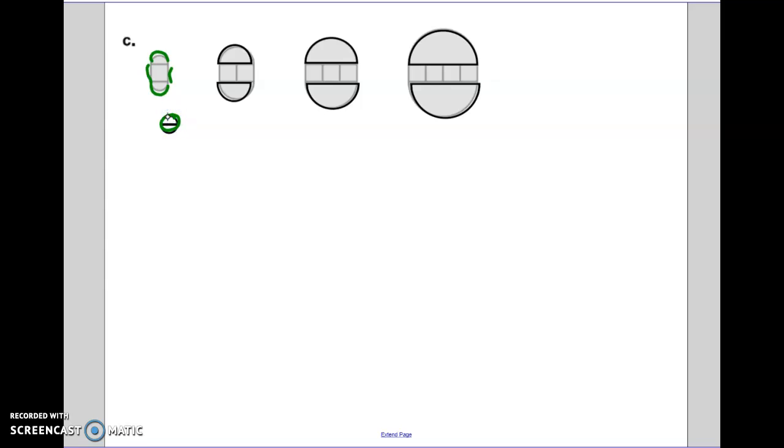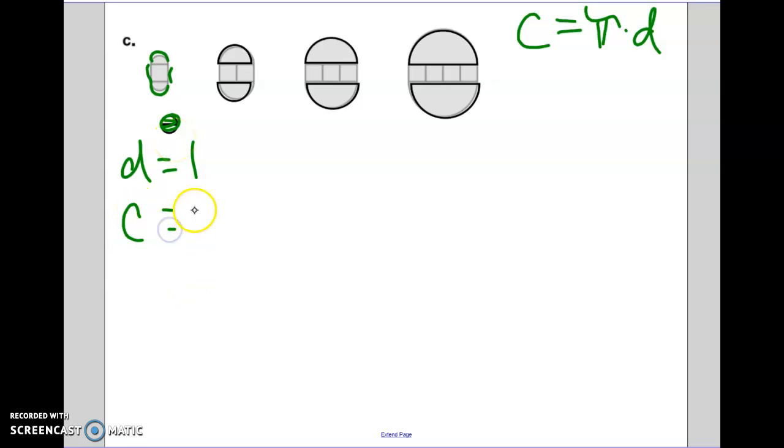Remember, make a note here that circumference is pi times diameter. The diameter of this little circle is 1 unit. And so the circumference of this whole circle is diameter times pi, or 1 times pi.